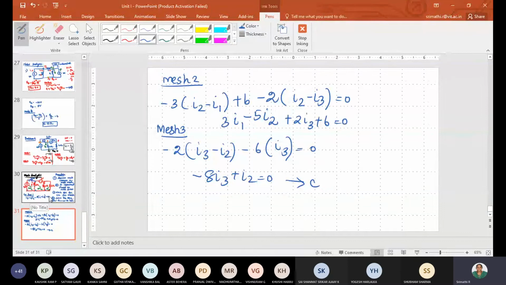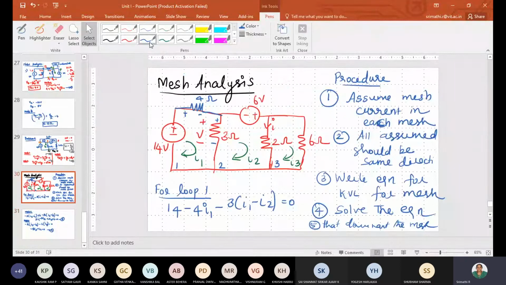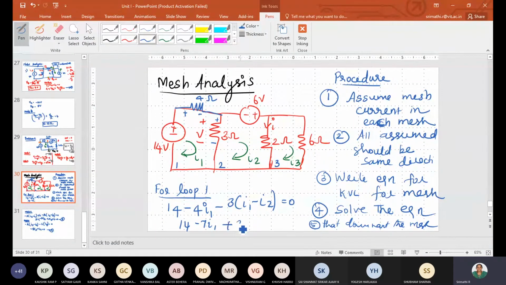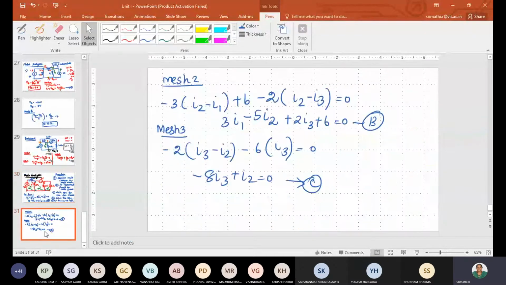This is equation number 2, B. And coming to this, rearrange this equation again: 14 minus 7I1 plus 3I2 equal to 0. This is it. Okay. Is it okay? Yes, ma'am. Now use your calculator, solve it, make it fast and tell me what is I1, I2, I3.